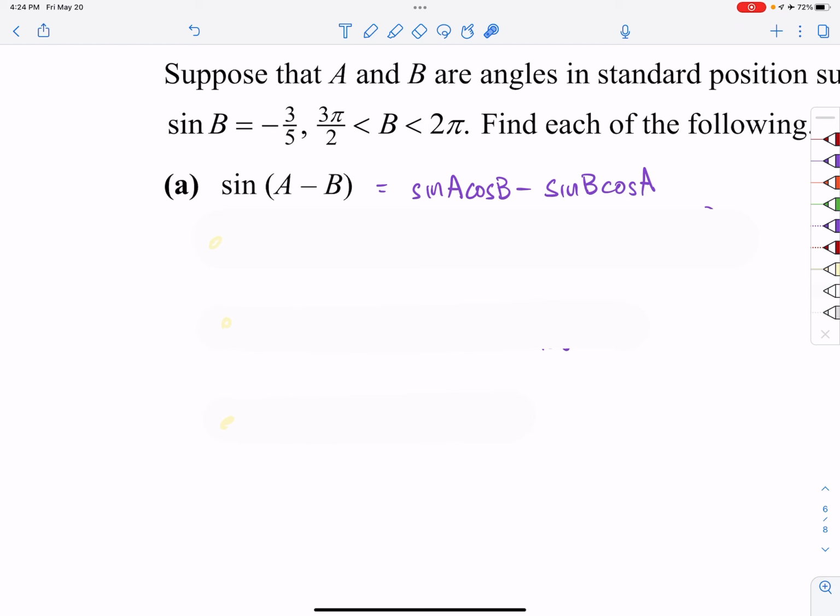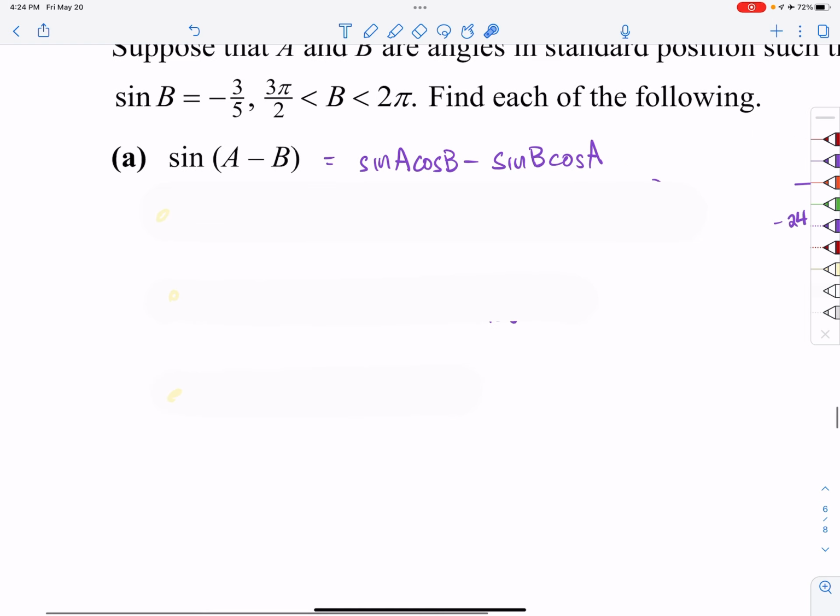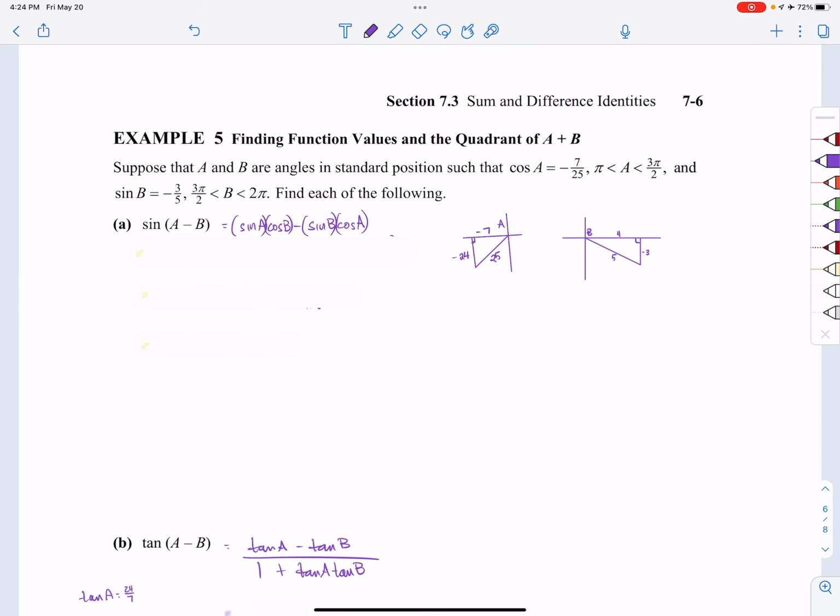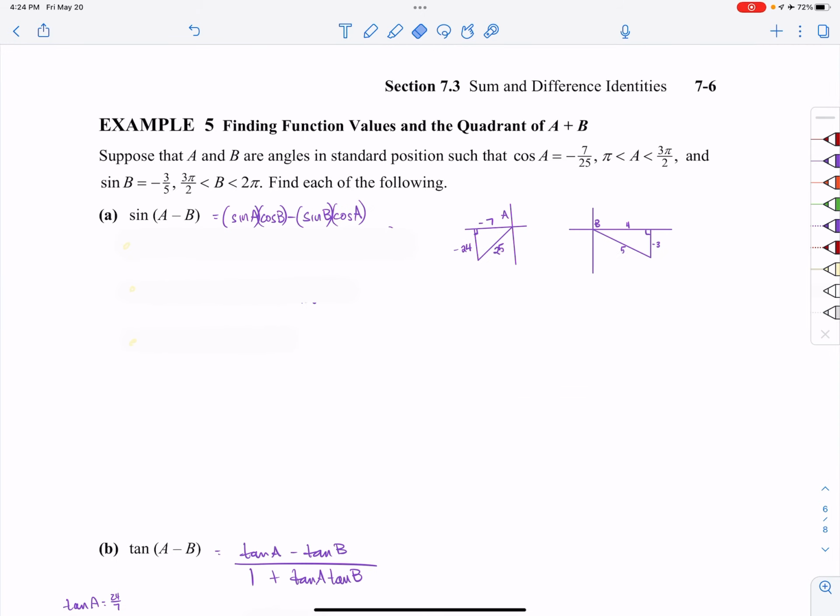Once you have your identity written, then you can uncover your picture and find the four pieces in your identity: the sine of A and the cosine of B, the sine of B and the cosine of A.